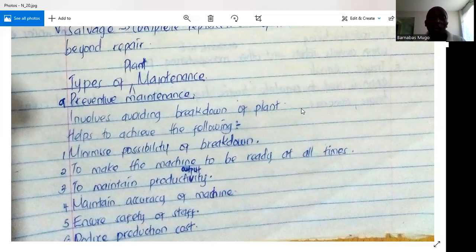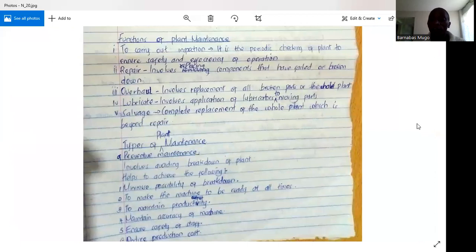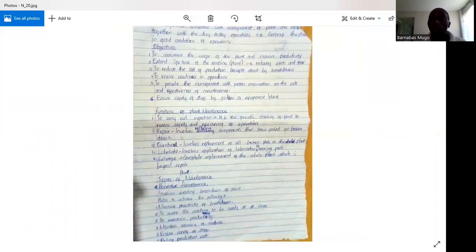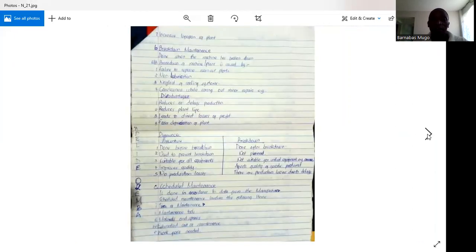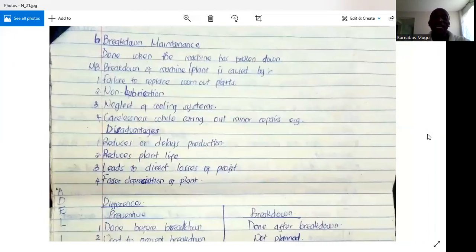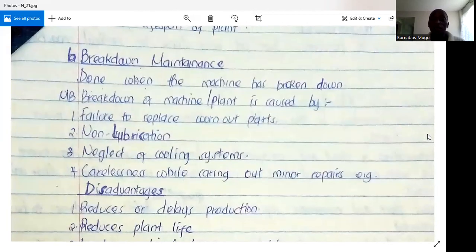The staff's safety is maintained, and we also reduce the production cost by carrying out preventive maintenance. By carrying out preventive maintenance, we ensure that there is maximum staff safety in that case.